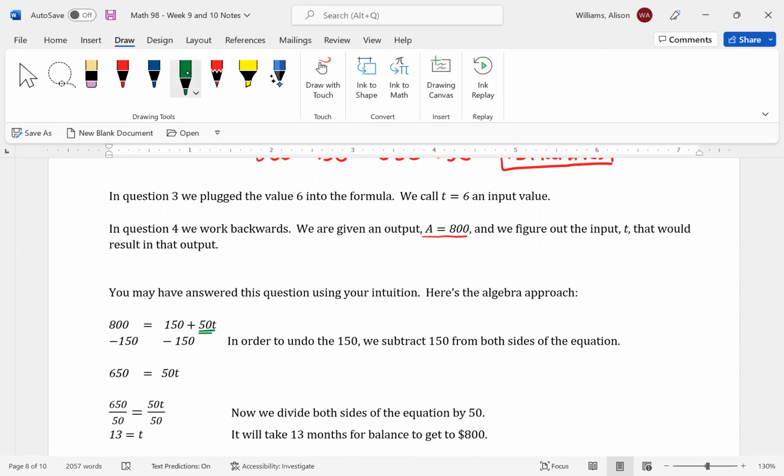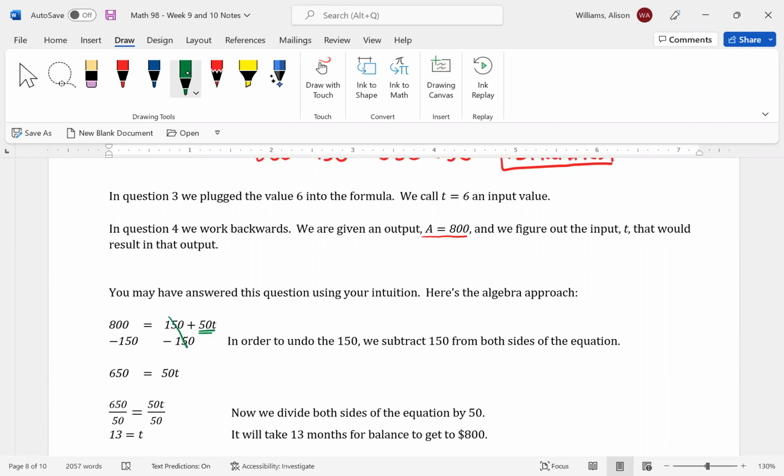So if there's this plus 150 here, we want to solve for t. In order to do that, I need to get rid of the 150. To get rid of the 150, I'm going to subtract it from both sides because it's added on the right side. What that does is cancel it out on the right side. It's gone. I've subtracted that 150, but on the left side, that leaves me with 650.